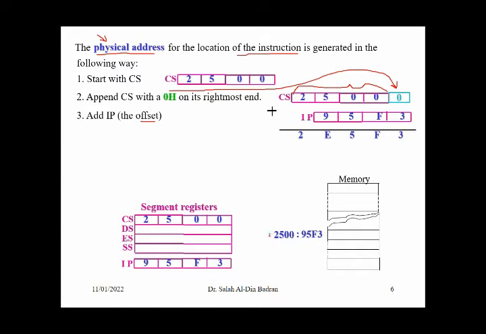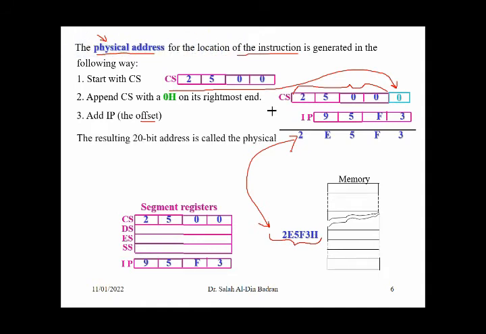This is the logical address, and the physical address that corresponds to this logical one is this one. We can replace it with the physical address, which results from a 20-bit address.